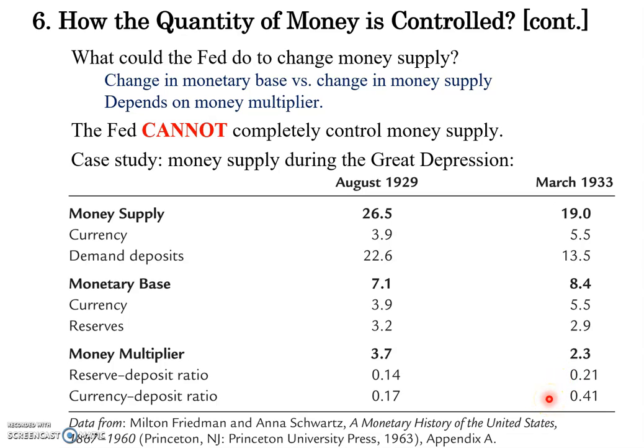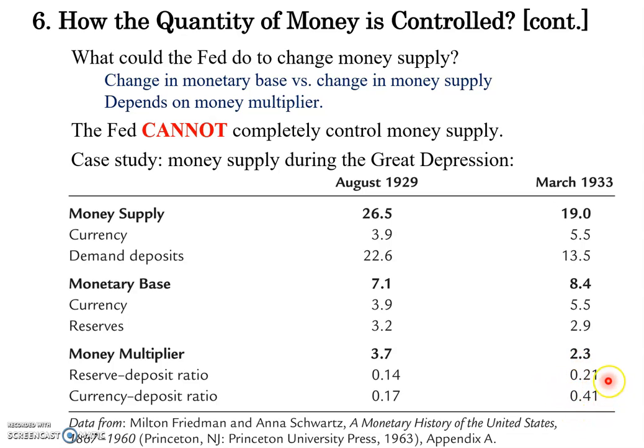So the reserve deposit ratio increased from 0.14 to 0.21, and the currency deposit ratio increased from 0.17 to 0.41. Now, as we said, there's a negative correlation between these two ratios and the money multiplier.